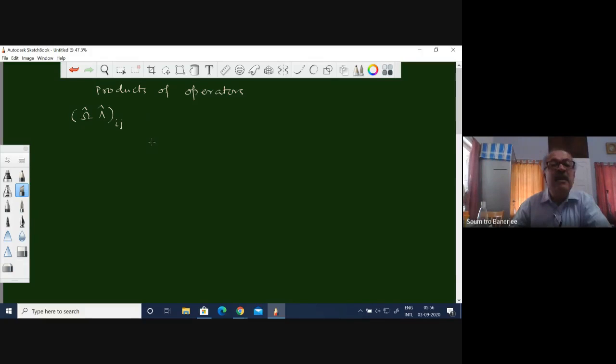What will be the ijth element? So we know that for any matrix, the ijth element, we have already seen in the last class, is obtained as the operator here and j here. This is how we obtained in the last class each element of this matrix. Okay.